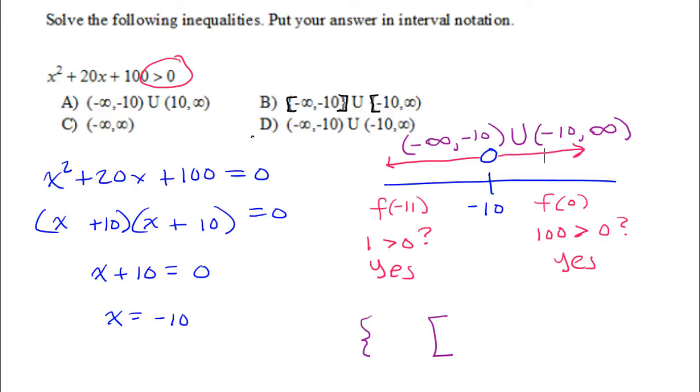Anyway, our answers don't have braces or square brackets in them, so it didn't really matter. But let's look for it. Negative infinity to negative 10, union, positive 10 to infinity, no. Negative infinity to negative 10, union, negative 10 to infinity. D is the answer.